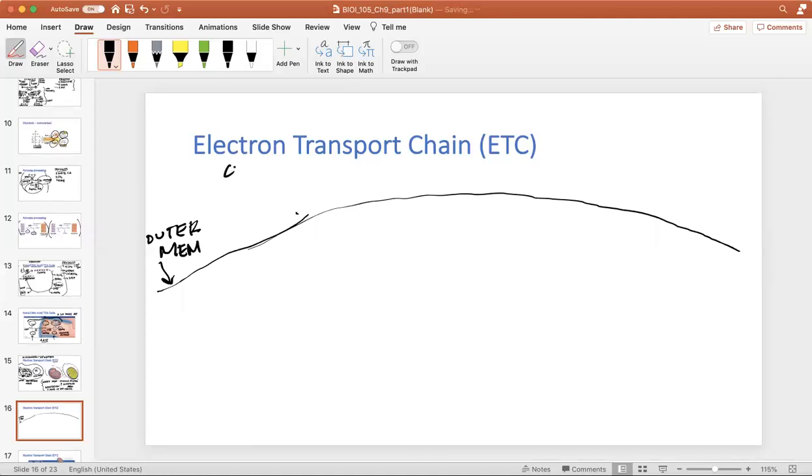So that means out here is the cytosol. Now we're going to draw an inner membrane, and I'm going to leave some spaces because we're going to insert some things in these spaces. Okay, but this is supposed to be the inner membrane.